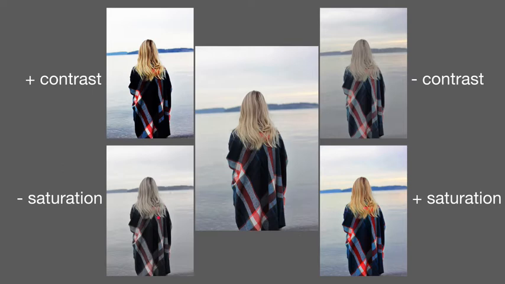And then with low saturation, it starts taking out all the color. It looks a little bit like an antique image, or may look closer to black and white. By the way, I don't recommend desaturating an image to get your black and white. There are actually more effective ways to do that. But in this case, we want to see if images are getting a little too flat or too low contrast.